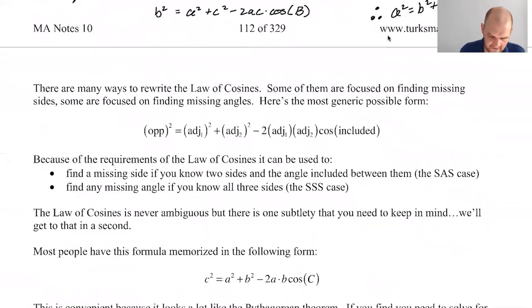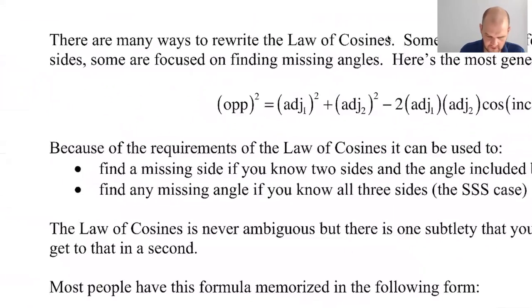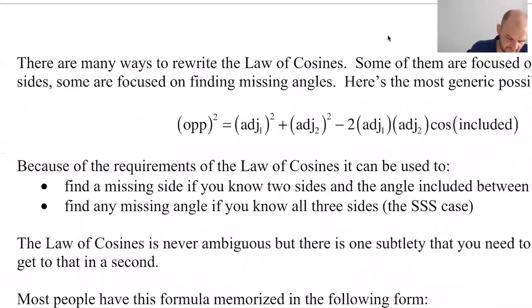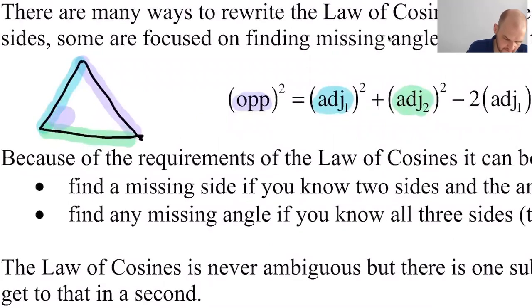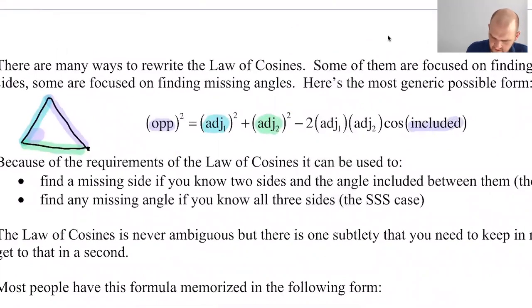And then a way that you can think about it, if you don't want to think about all the letters, is if you draw the picture, a super good triangle right there. What we have is, let's see, how many colors do I need? We have the opposite side, one adjacent side, a second adjacent side, and then the included angle.